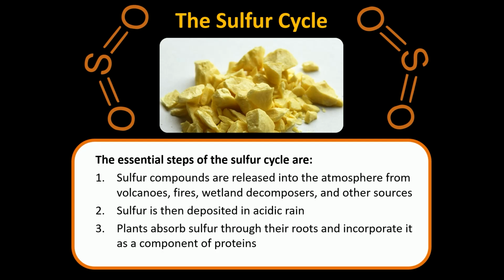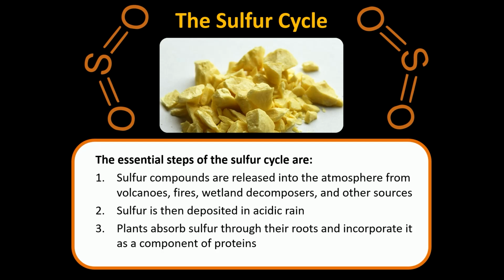Where it says wetland decomposers, think swamp gas. Swamp gas releases a lot of sulfury compounds in the atmosphere, which is often why swamps don't have a particularly great smell. They have that kind of rotten egg smell that you associate with them. Once sulfur dioxide ends up in the atmosphere, it can mix with other compounds like water in the atmosphere, and it can become sulfuric acid.